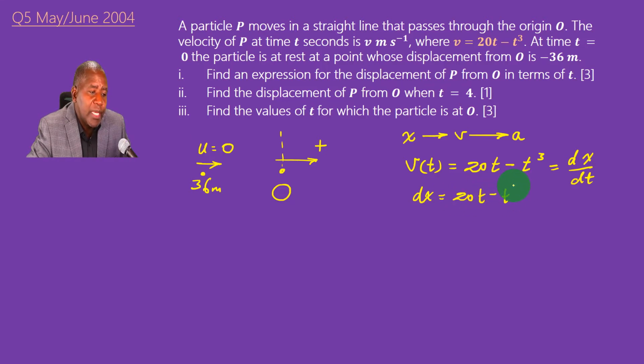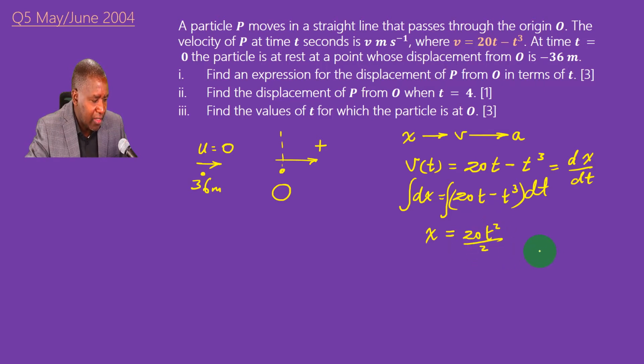So let me collect the variables, starting with the dx. dx is going to be equal to 20t minus t cubed, everything here dt. This process is called separating the variables. So I'm going to integrate this with respect to time to give me x displacement.